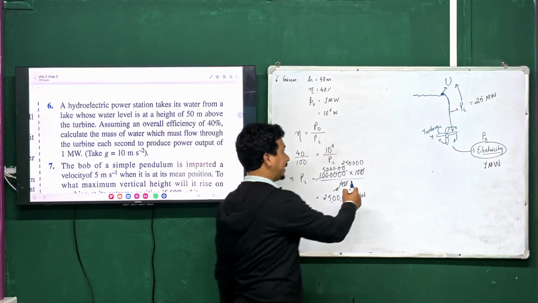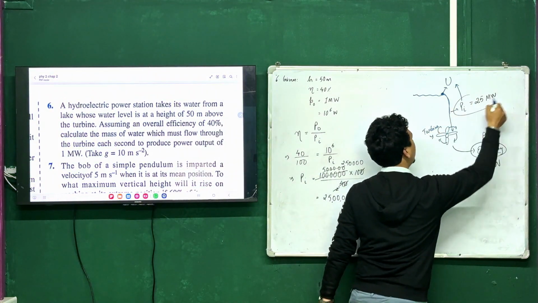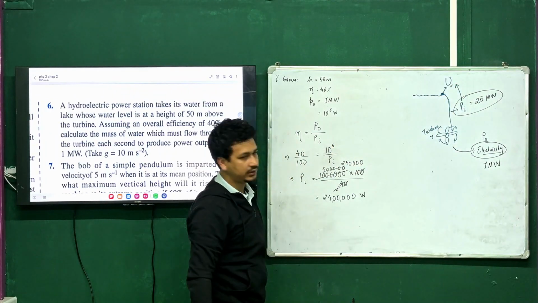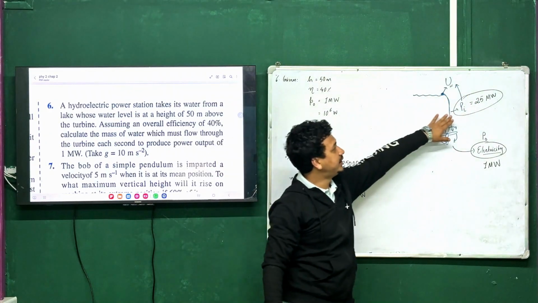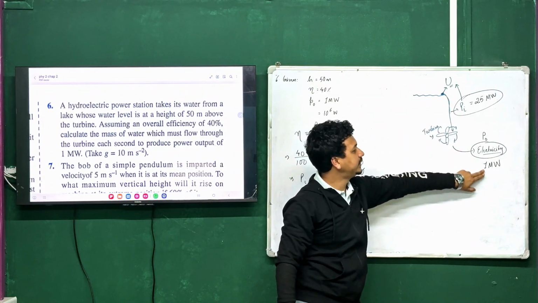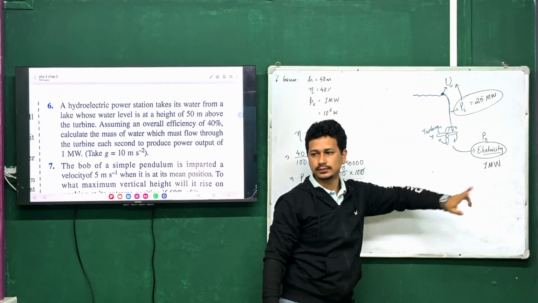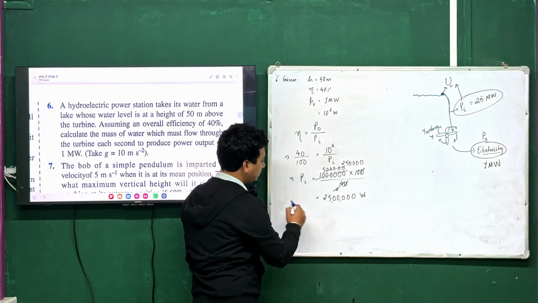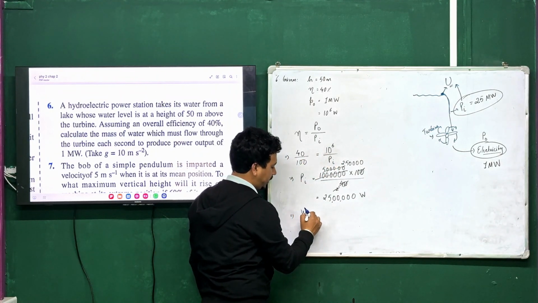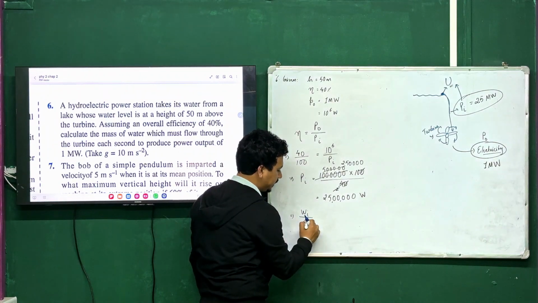Okay. So that means this power input is given by the water, right? This much energy, this much power is given by the water so that we can get this much amount of power, right? Now, what is the formula of power? Work input divided by time.